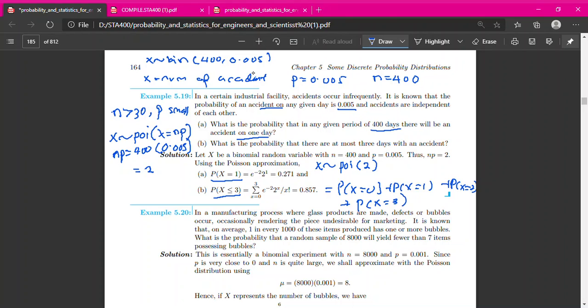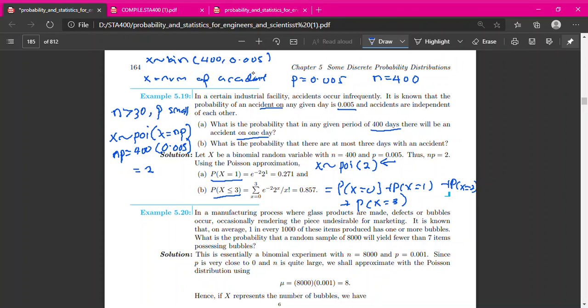Kena calculate manually one by one, masukkan dalam function Poisson. Ataupun you can gunakan table. Macam biasalah gunakan table Poisson. Bukan gunakan table binomial, but now kena gunakan table Poisson sebab we already decide that this variable belong to Poisson distribution.